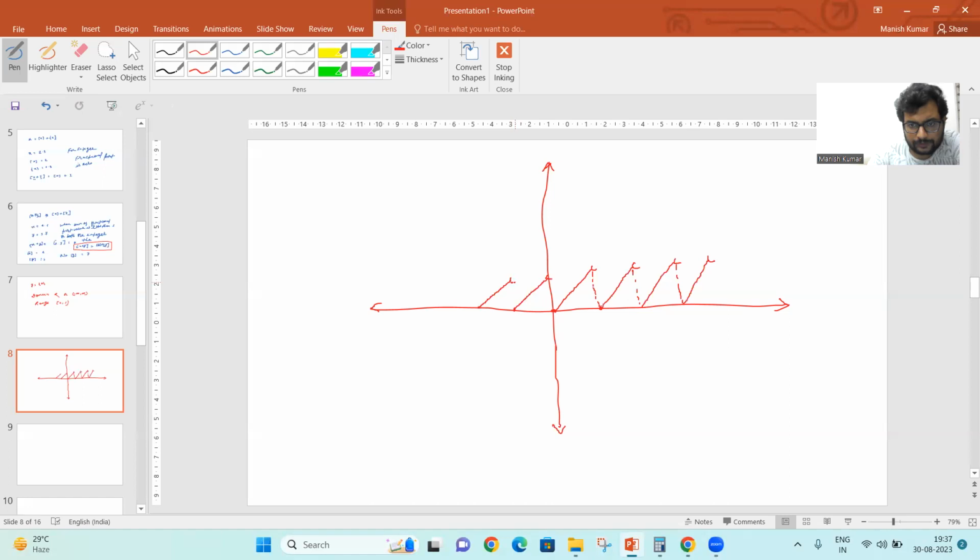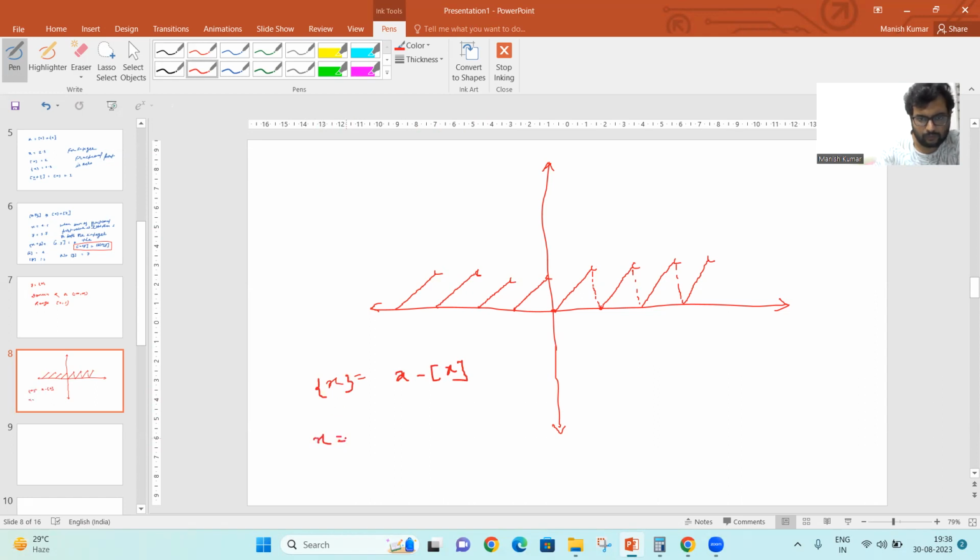And one thing I want to say, fractional part is always non-negative. Why? Because fractional part equals x minus the greatest integer of x.